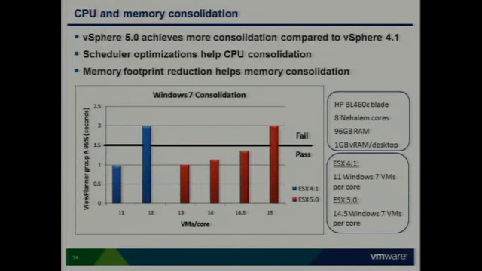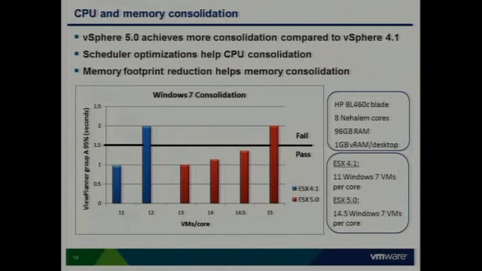You can see that in vSphere 4.1, we had 11 Windows 7 VMs per core passing, and the 12 VMs per core case failed because the QoS latency was above 1.5 seconds. In vSphere 5.0, the red bars, we have been able to go up to 14.5 Windows 7 VMs per core. This is a very nice improvement, roughly 30% compared to vSphere 4.1. We'll take a deeper look at what we did specifically and how we were able to get this consolidation ratio.